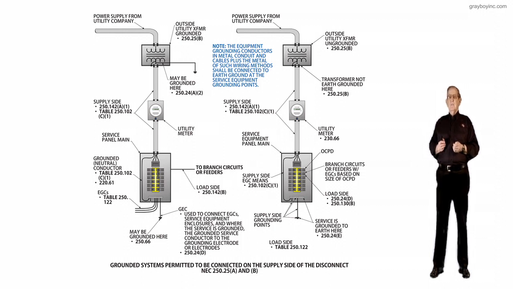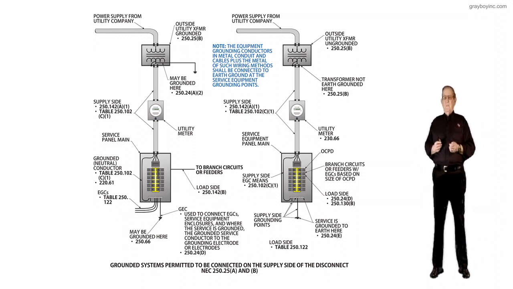So the addition of 250.25, and pointing to the appropriate parts again, say of 250.24, ensures that supply side equipment is connected to a grounding electrode system that has an effective ground fault path, whether it is the grounded service conductor or the supply side bonding jumper, and is bonded with the requirements of 250.92 and 250.102(C) that we're talking about here.